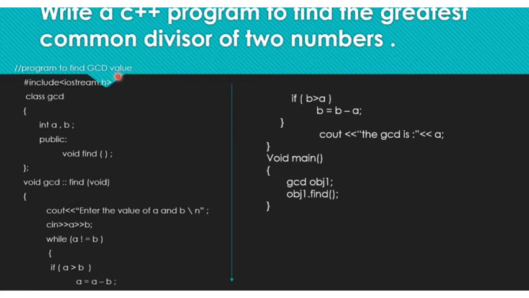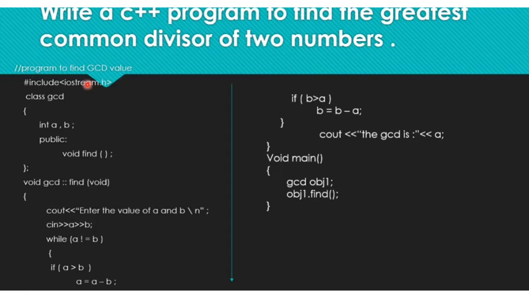The first line is to include header files. In every programming language there are many header files, and these header files include the inbuilt functionality of that programming language. In the previous programs, I already discussed in detail what a header file is and how it works.